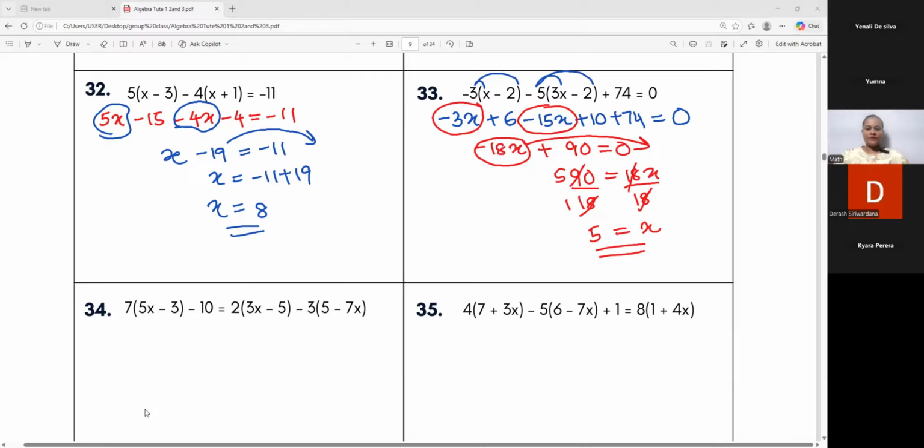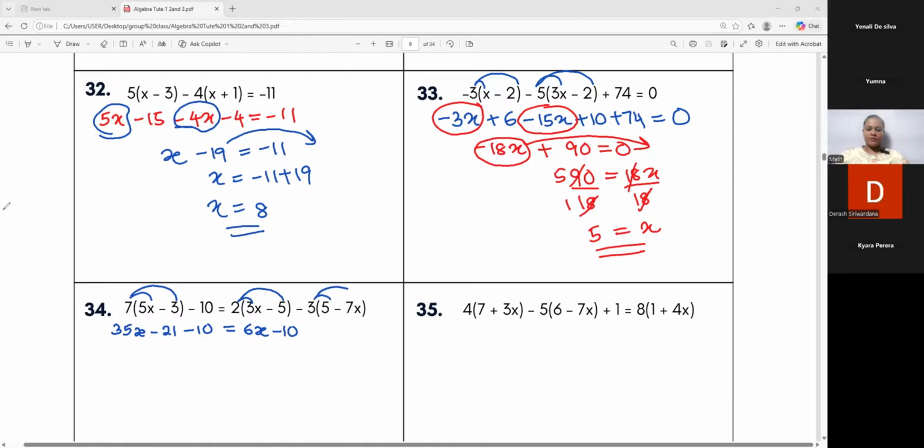34 and 35. Brackets are there on both sides. Same method, expand them. Then take all the x terms into one side and simplify. Remove the bracket, 6x minus 10.